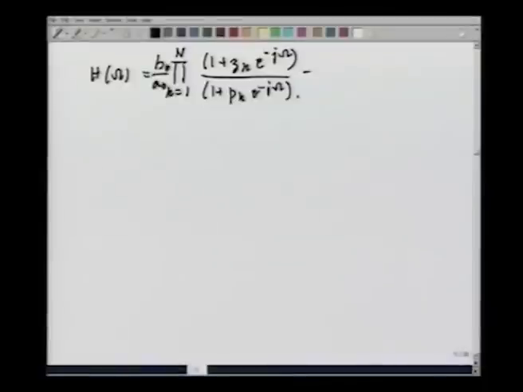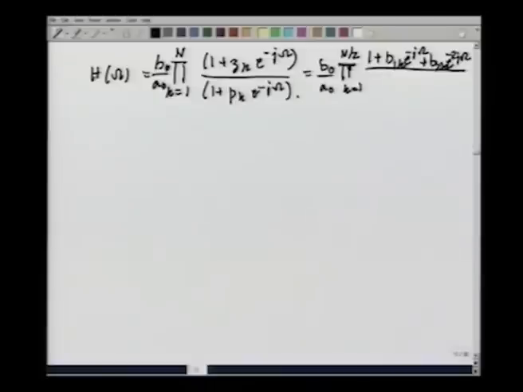So, we will rewrite this as follows: b0 by a0 times the product k equals 1 to n by 2, because now there are only n by 2 second order factors, of 1 plus b1k e to the minus j omega plus b2k e to the minus 2j omega divided by 1 plus a1k e to the minus j omega plus a2k e to the minus 2j omega. This is what we get.